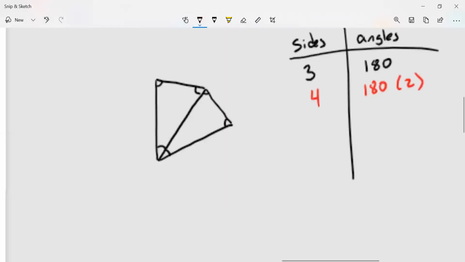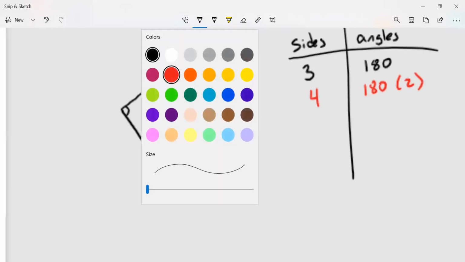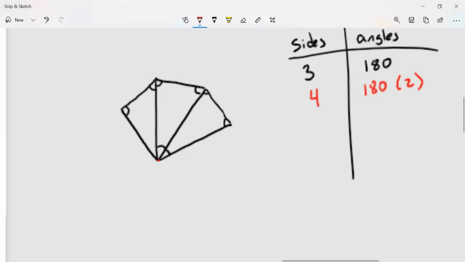Let me add another triangle there. I think it created another polygon. It has 1, 2, 3, 4, 5.